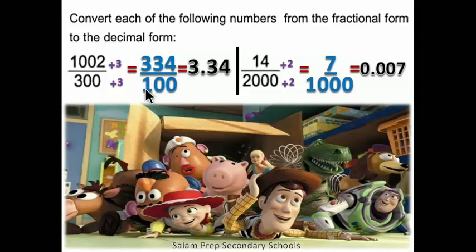improper fraction, so we can put the decimal point here, okay, beside 334. 100 means we can move the decimal point backward 2 steps. 1, 2.